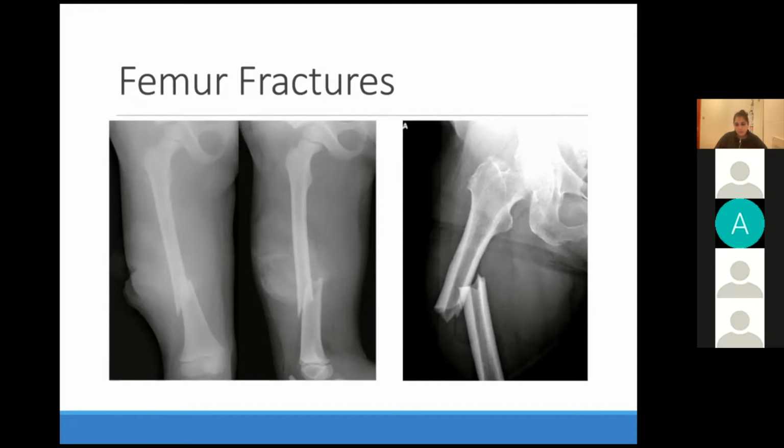The first one looks transverse, so maybe a twisting mechanism. And the third one on the right is significantly displaced, whereas the other two are mild or moderately displaced. Yeah. So both are actually quite displaced. Obviously, the one on the right is significantly displaced and is angulated. Yeah, excellent.